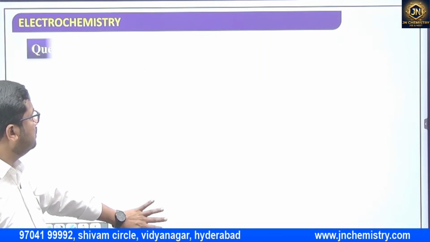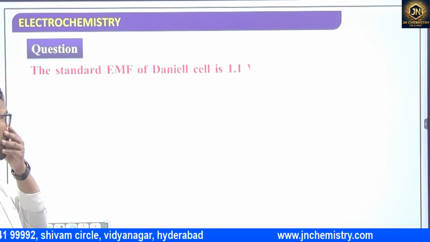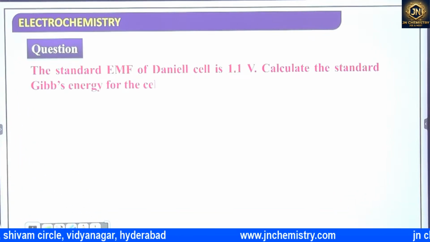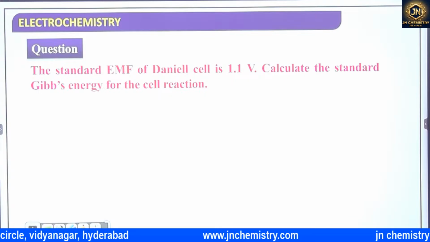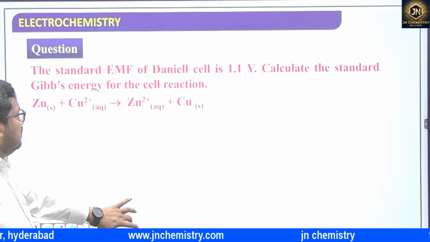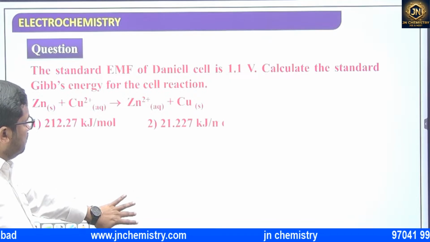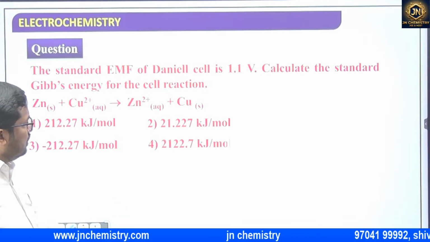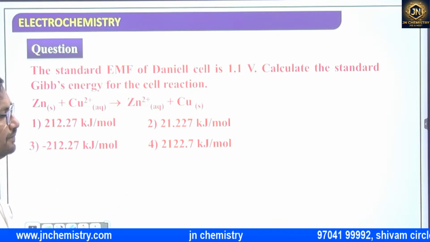Write a question. The standard EMF of the Daniel cell is equal to 1.1 volt. Calculate the standard Gibbs energy for the reaction. Try this.